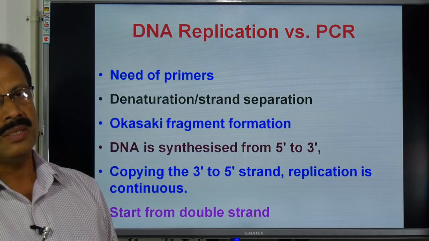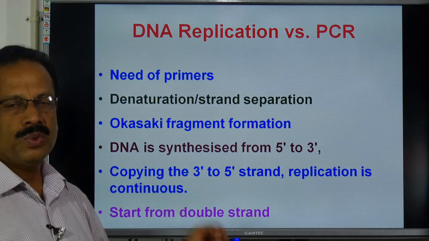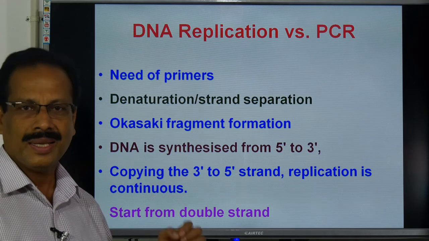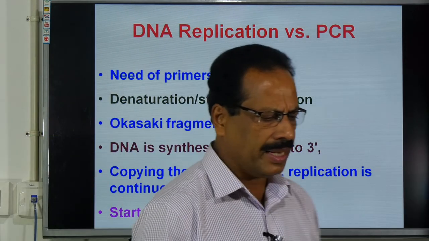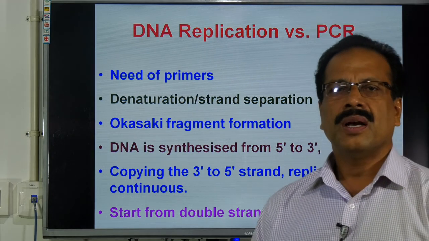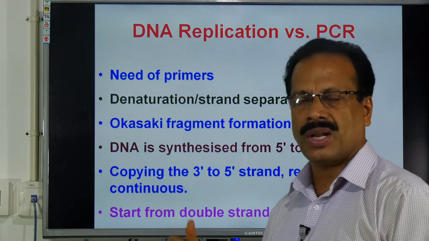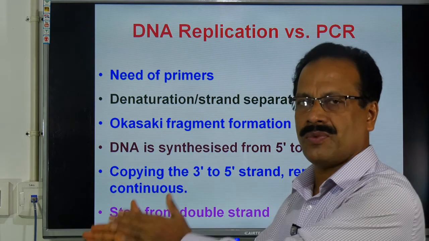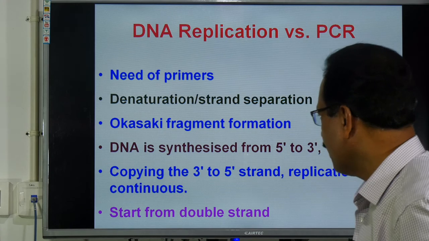As I said, in the cell the helicase does the separation of strands, whereas here we do this strand separation by heating. And you know that in the cell when DNA synthesis happens, one strand is synthesized continuously, while the lagging strand is synthesized in pieces called Okazaki fragments. I will show you that in the next slide.